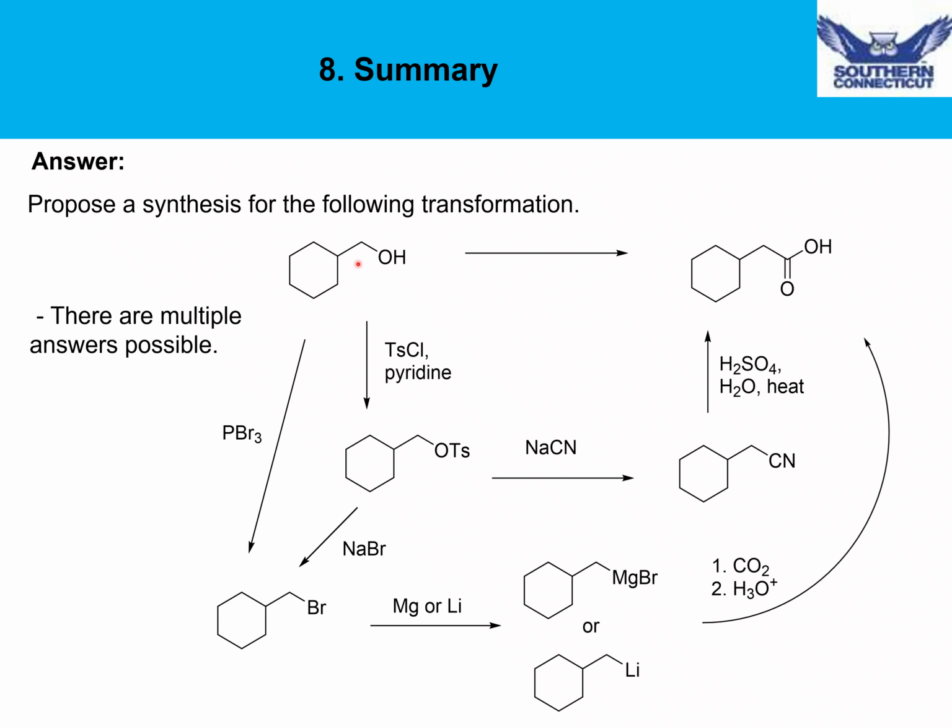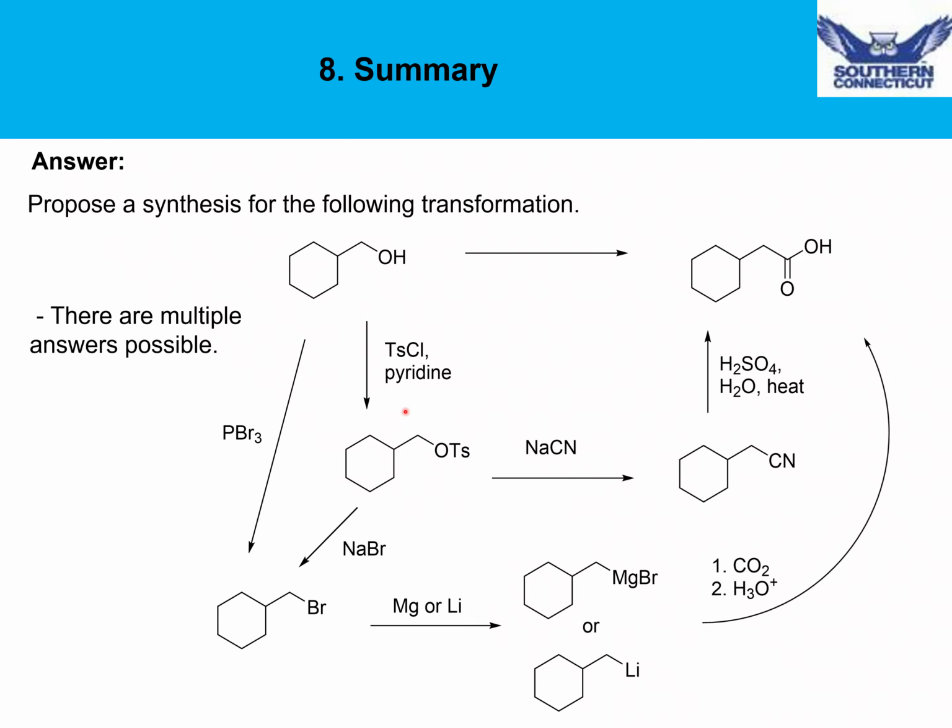One of the things we want to do first is convert this alcohol into a good leaving group so that we can do substitution reactions. So for example, we can convert this alcohol into a tosylate by adding tosyl chloride and pyridine, which is a base. That will convert this alcohol into the tosylate that you see here.